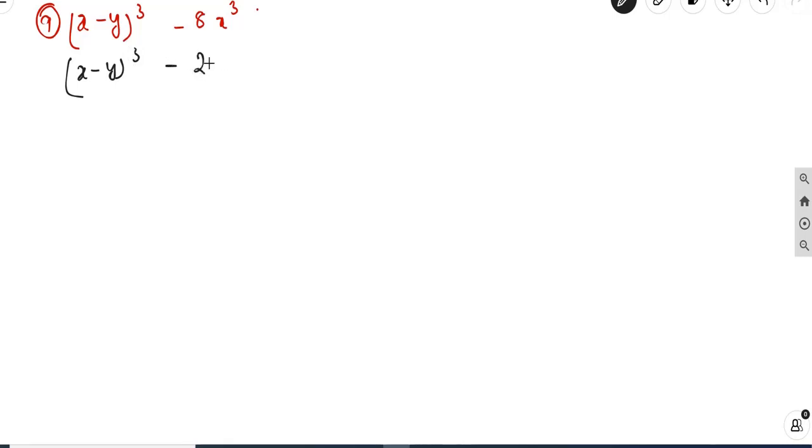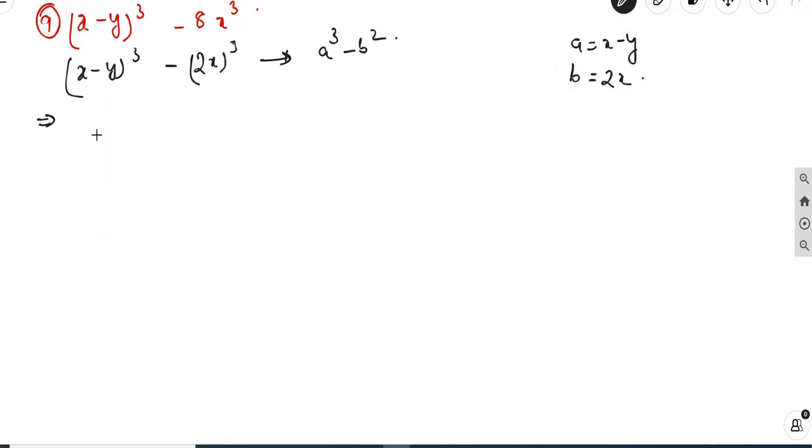We can write it as 2x to the power of 3, because we know that 2 into 2 into 2 is nothing but 8. Now this is in the form of the identity a cube minus b cube. If I apply this identity, what is a here? A is x minus y. What is b here? B is 2x.